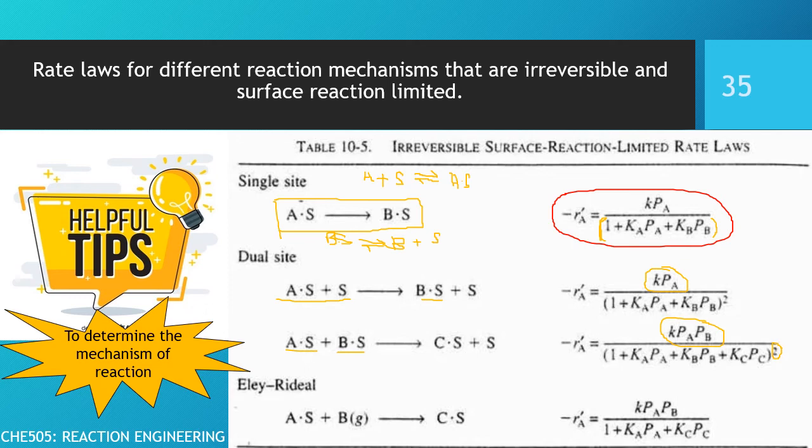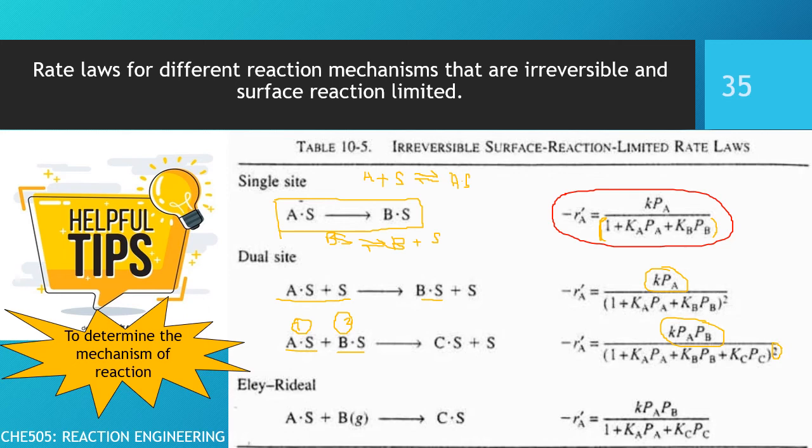Adsorption step 1 is for the adsorption of A on the active site S, and adsorption step 2 for B, B plus S to produce B dot S. So you will have 2 adsorption steps. And then an irreversible reaction to produce product C dot S plus a vacant active site.